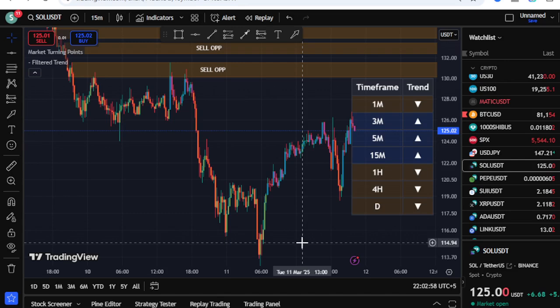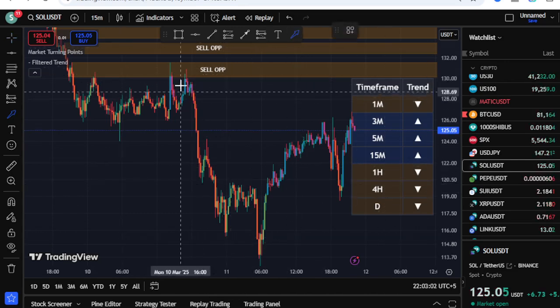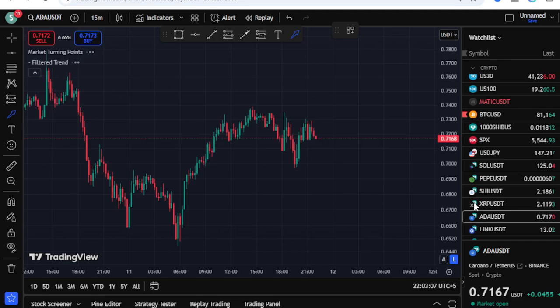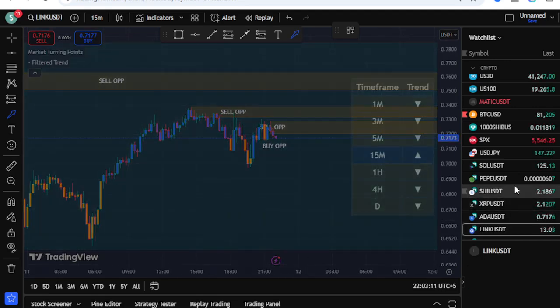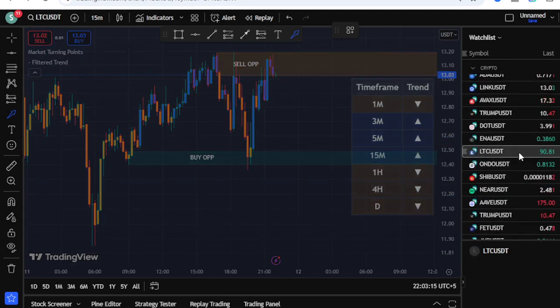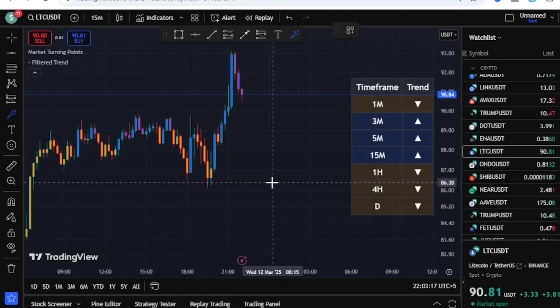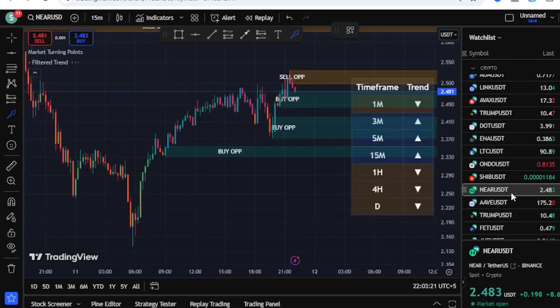Okay, so if you look at Sol USDT, the market is bearish and it is already rejected. So just keep an eye because the cryptos are not good right now. They are into the bearish trends. So overall, the bearish momentum is seen right now into the cryptos. So be careful. The market can go back into the trend that it has already set up.